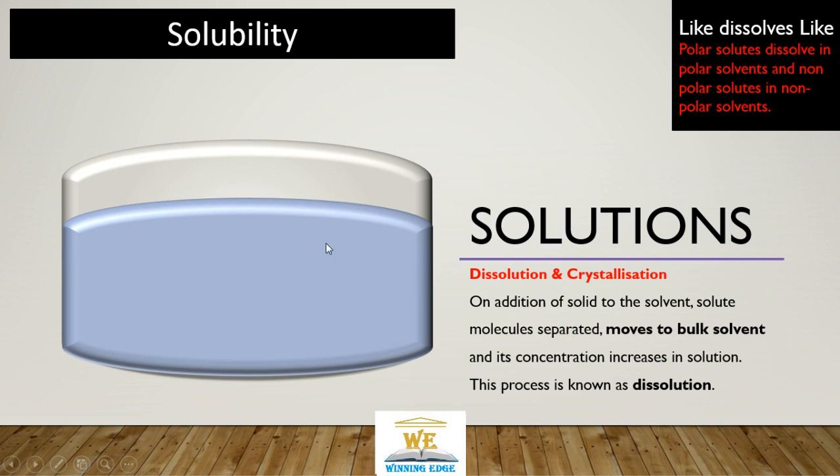When it goes into our solution, it gets separated into its ions, and the ions move into the bulk solution and homogenize. The process of separation and homogenization of these ions into a bulk of solvent is known as dissolution.